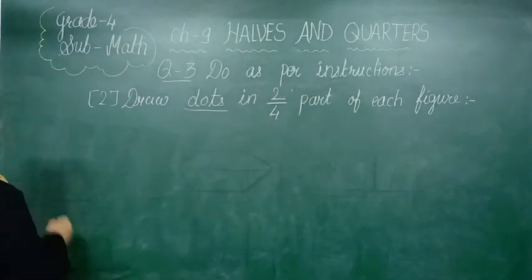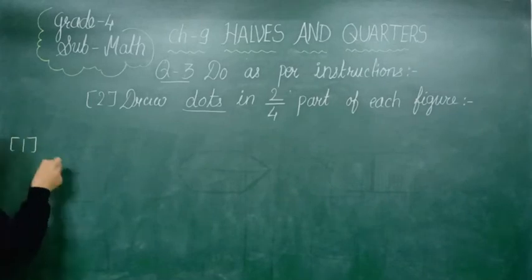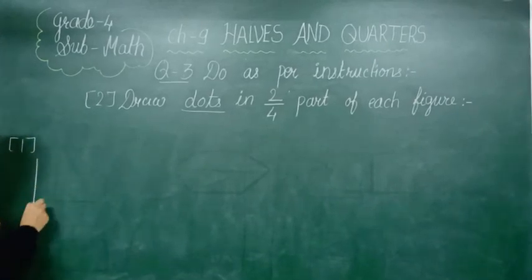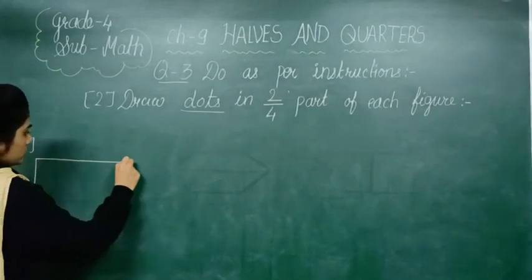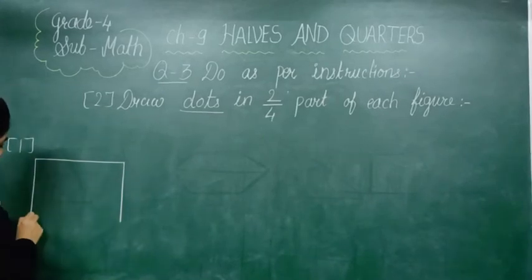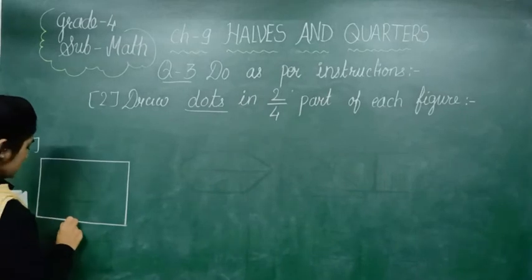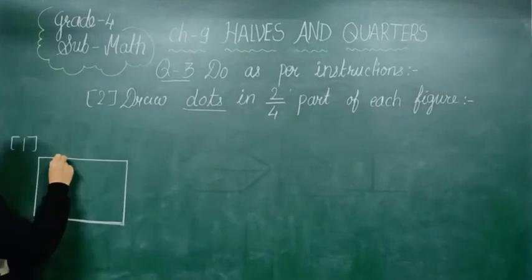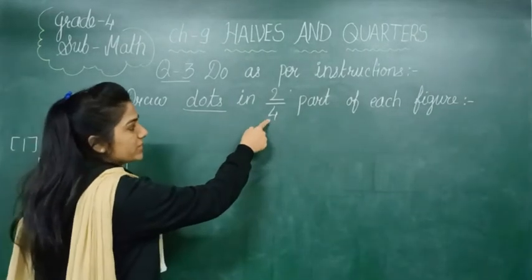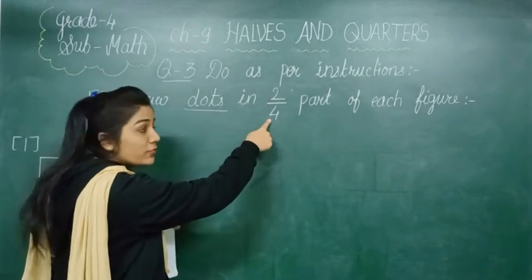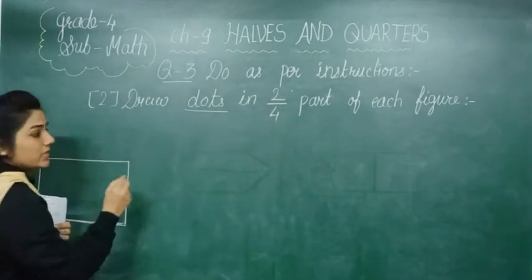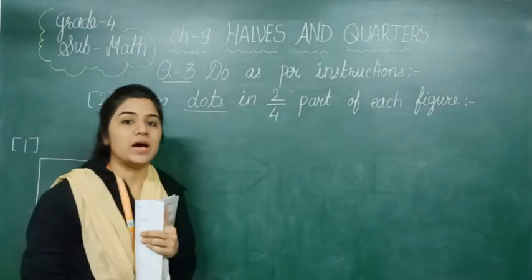So in the first number, a whole part is given, which is a rectangle. Right? And as you can see here, in the place of the denominator the digit 4 is given. That means in each figure 4 parts are there.